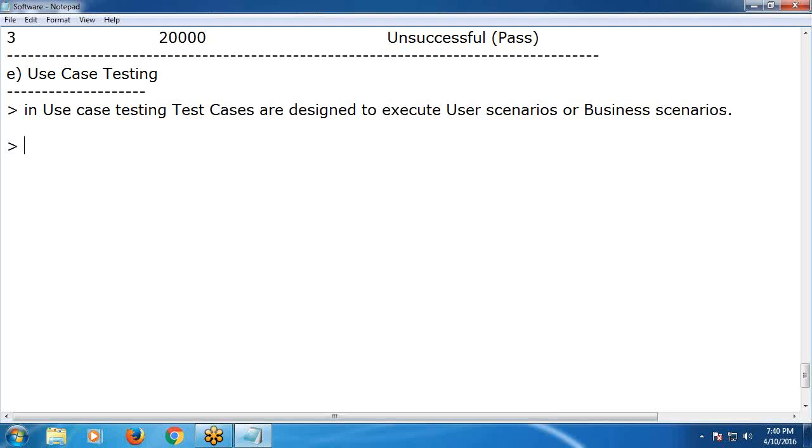A use case describes interaction between actors.